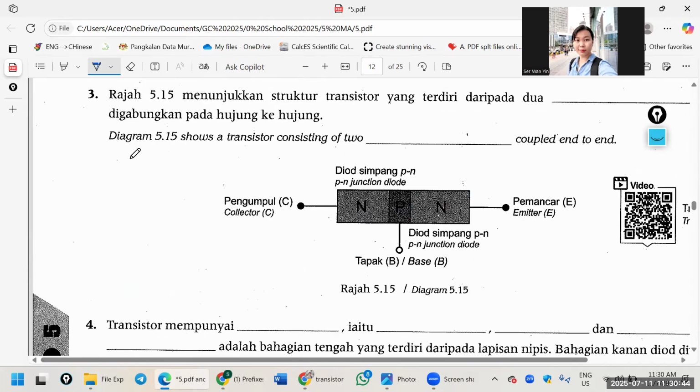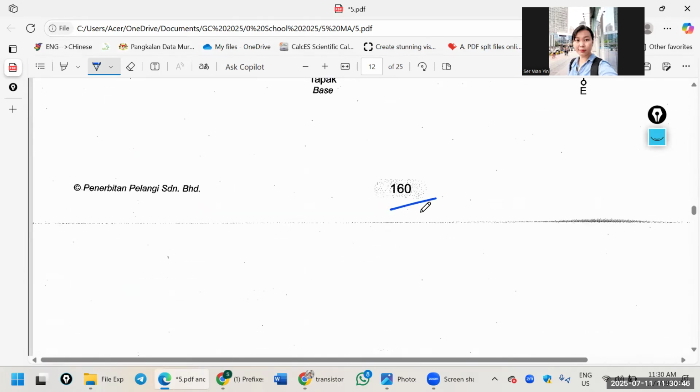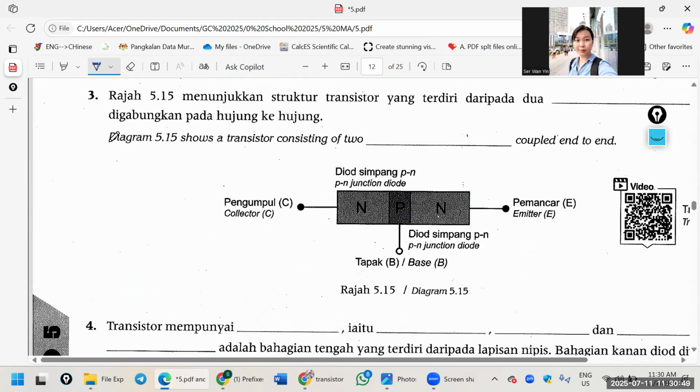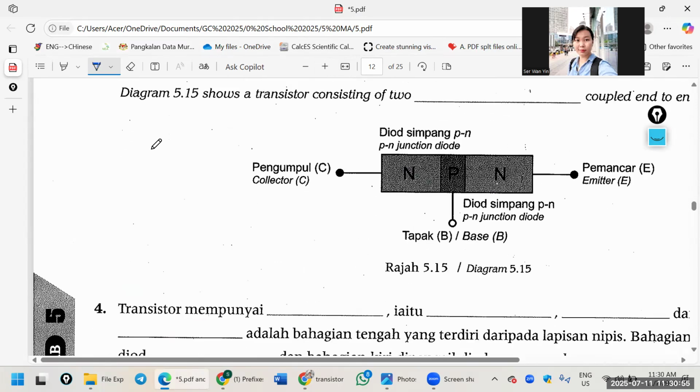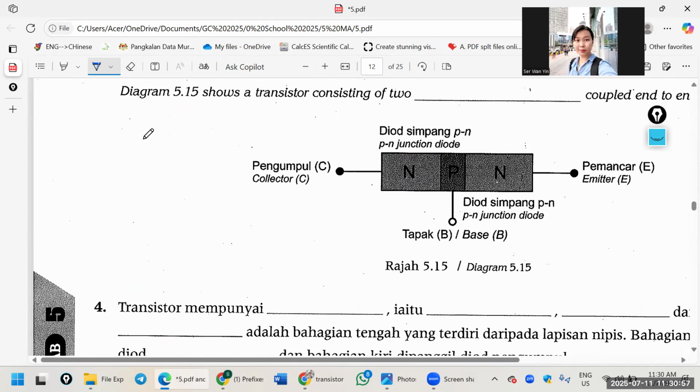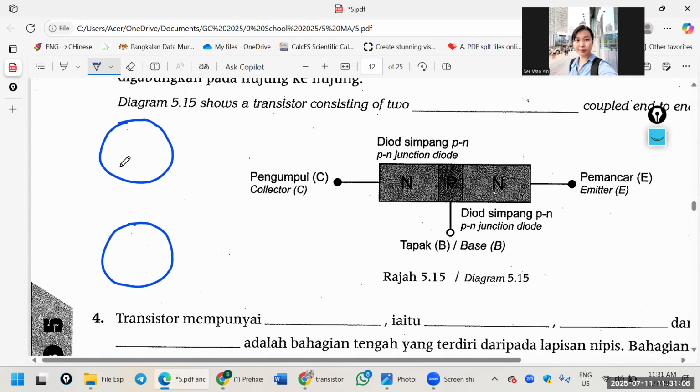Draw beside number 3, page 160 beside number 3. Are you okay? Okay, next, let's draw 2 circles here. You must be able to draw the transistor, then you remember better.